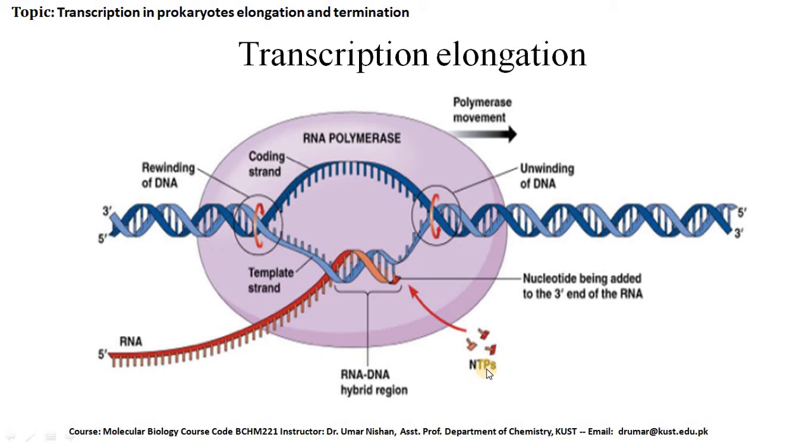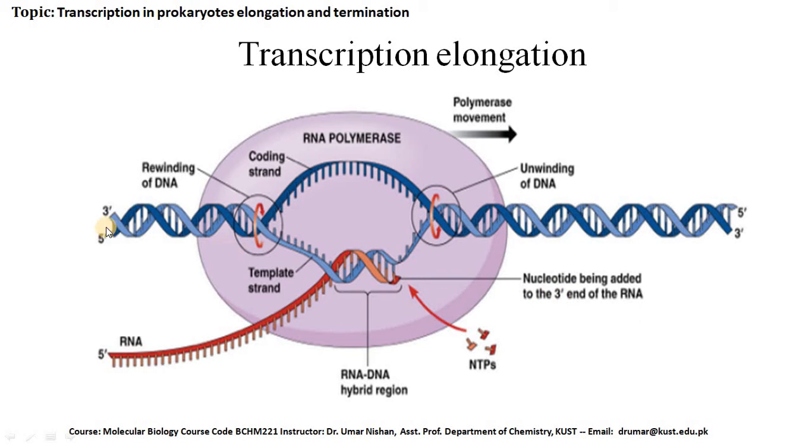So here are the NTPs that are being recruited, nucleotides being added to the 3' end of the RNA. You have to remember that this is the 5' end of the newly formed RNA, and this is the 3' end. So the nucleotides are being added to the 3' end of the RNA.